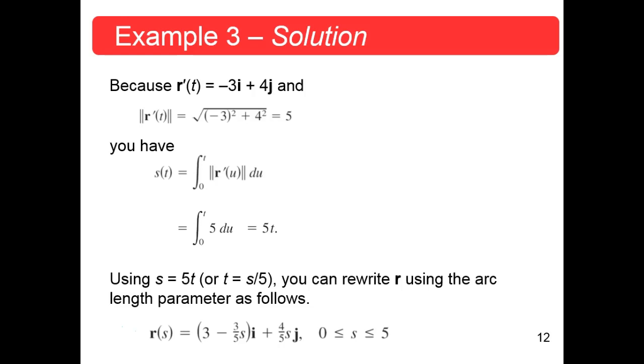The integral of 5 between 0 and t was just going to be 5t. And then using s equal 5t, you can go back and say t is equal to s over 5. You can rewrite r using the arc length parameter, and that gives you r as a function of s: 3 minus 3/5 s i plus 4/5 s j.